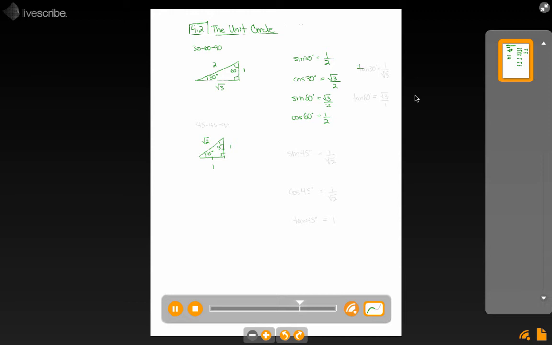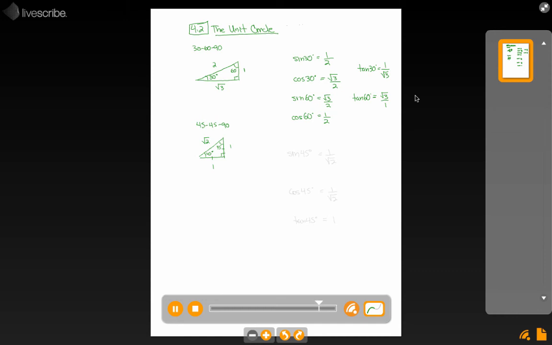We could also figure out what tan of 30 and tan of 60 degrees were. Opposite over adjacent, so we have 1/√3 for this one, and for 60 degrees we have √3/1 instead.